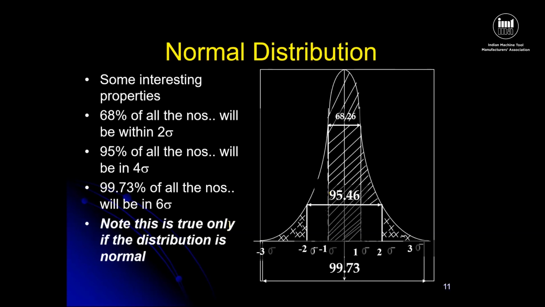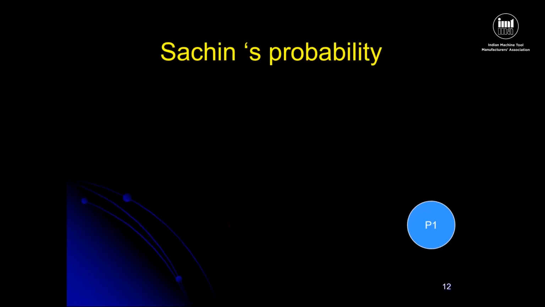Now, there is a caveat to this. This distribution is normal provided that there is no special cause, or nothing special happening in this distribution. We are going to understand what those things are in the next few slides. So what would Sachin's probability be in such a situation?